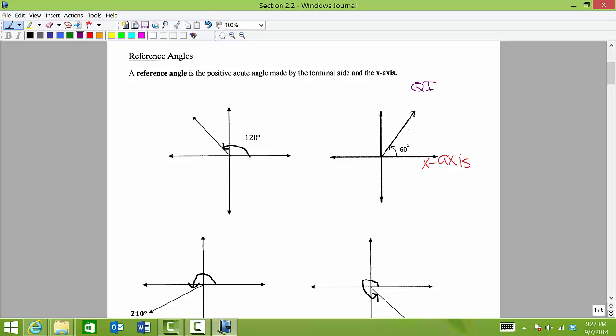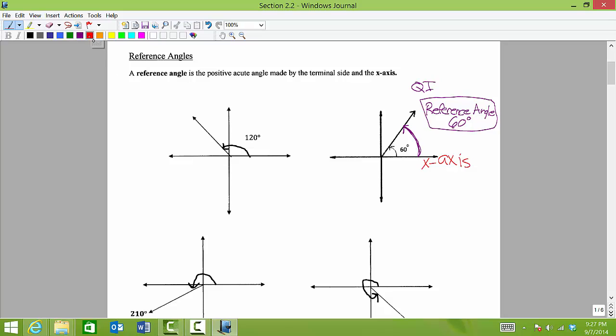So the positive acute angle formed between the x-axis and the terminal side of the angle is itself 60 degrees. So the reference angle for 60 degrees is 60 degrees.